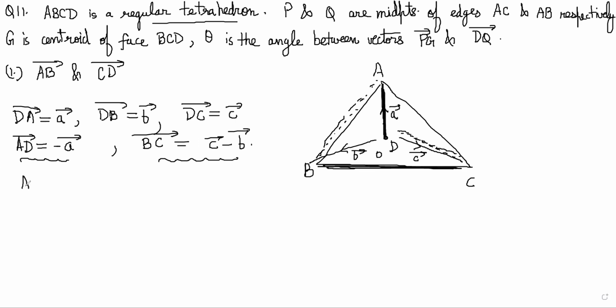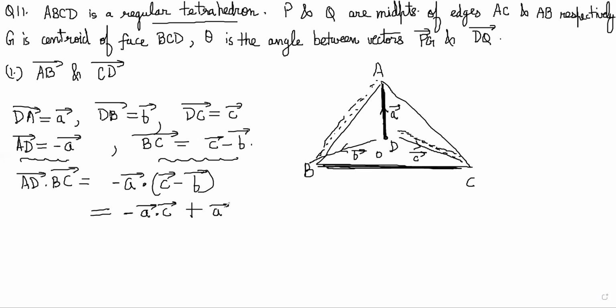So if we do AD dot BC, AD dot BC simply becomes minus A dot (C minus B), which is equal to minus A dot C plus A dot B. Now think about what is A dot C and A dot B. A dot C is the dot product of A and C vectors.